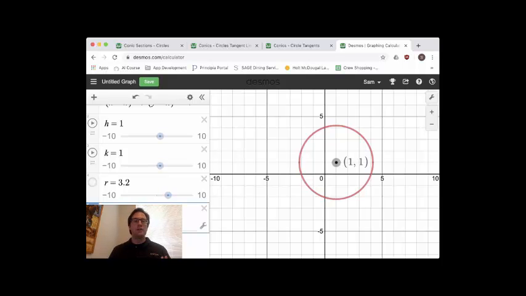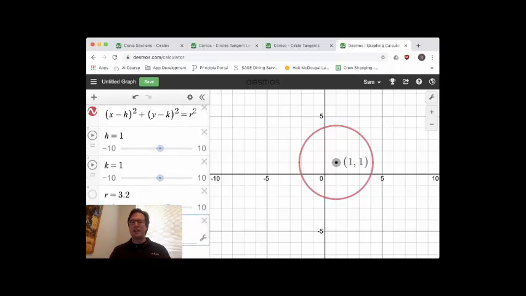Now, right now, we have a circle with a radius of 3.2, and that is centered at point 1, 1. And we've done that by subtracting 1 from x before we square it, and subtracting 1 from y before we square it. And we're still setting that sum of those squares equal to the radius squared.